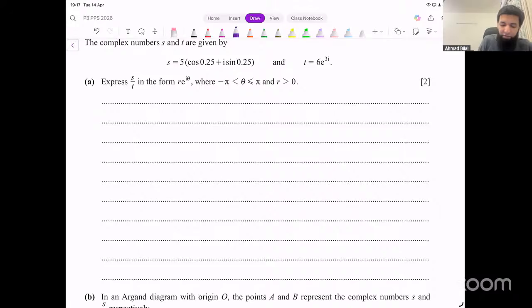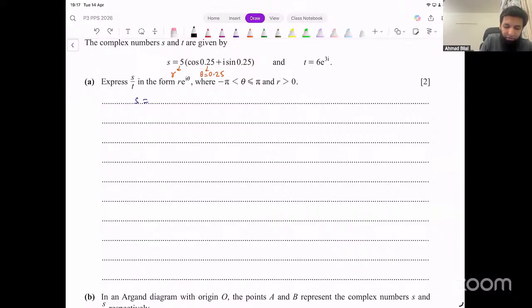Now, first of all, we can express s in re raised to power iota theta form, right? What will it look like? The modulus of this complex number is 5, and the argument is 0.25. This is the argument 0.25. This is the modulus r.